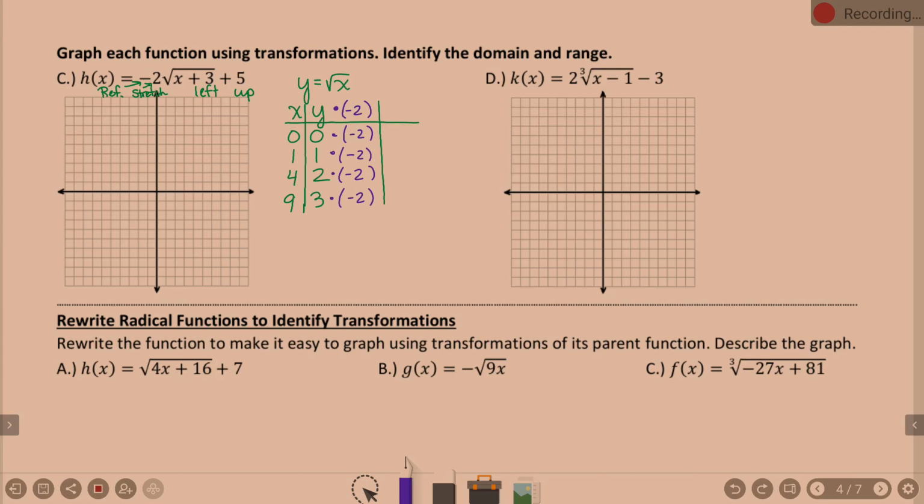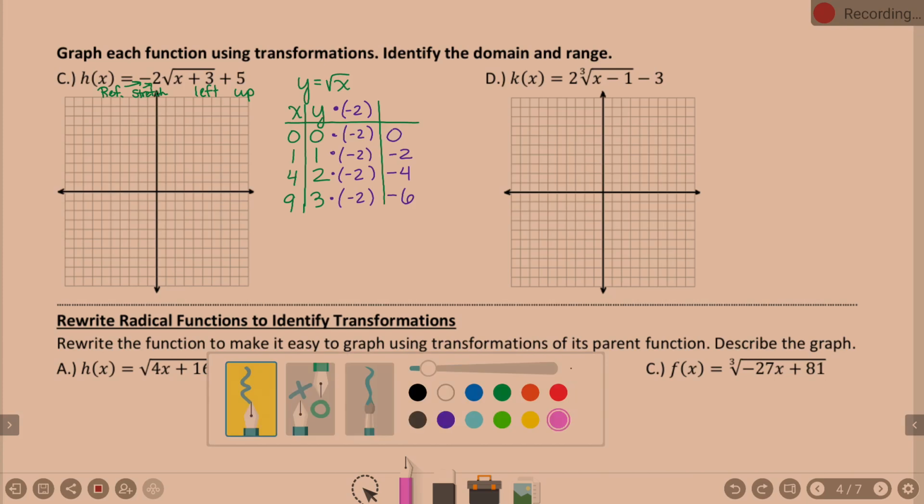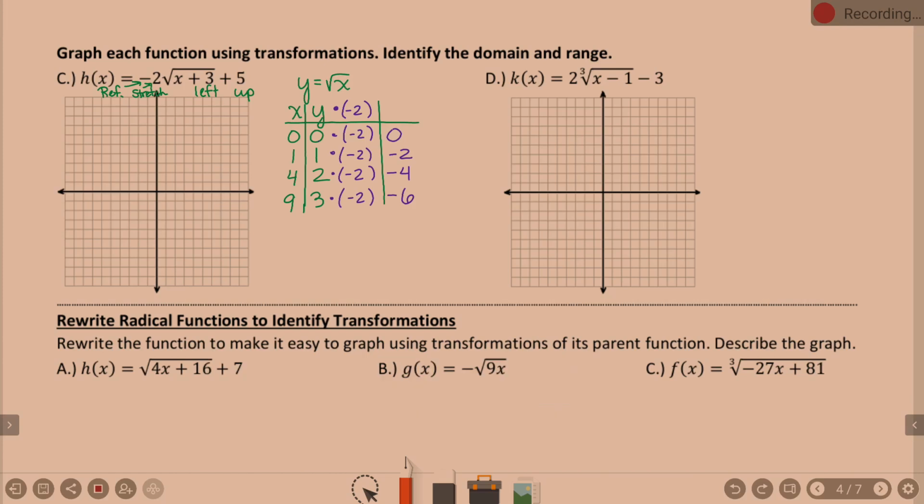Okay. With this in mind, what is 0 times -2? 0. 1 times -2? -2. 2 times -2? -4. 3 times -2? -6. Okay, guys. We're going to take our original x's and our new y's.